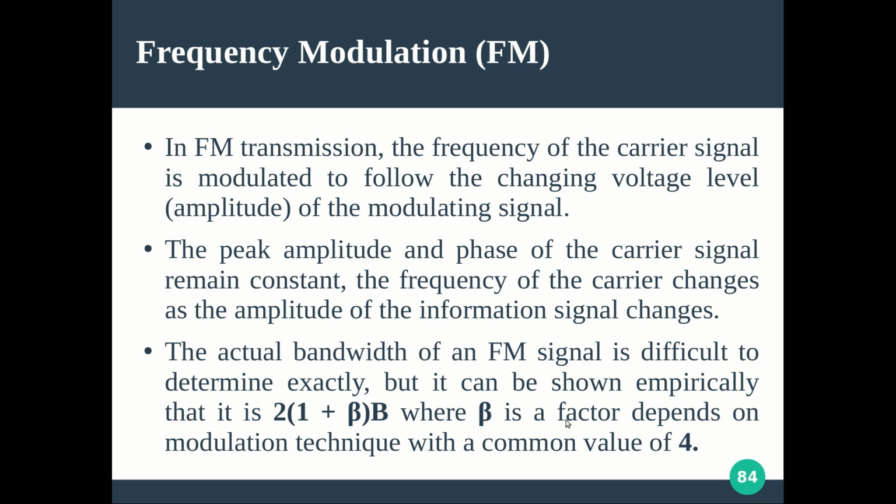Again, this is an approximated value, taken in an empirical way, not a rigorous mathematical proof, and the method of getting this value is out of scope of the subject. Beta is a factor that depends on the modulation technique we use, with a common value of 4. In frequency modulation normally it is 4, and depending on some other parameters, this value of beta can even change.